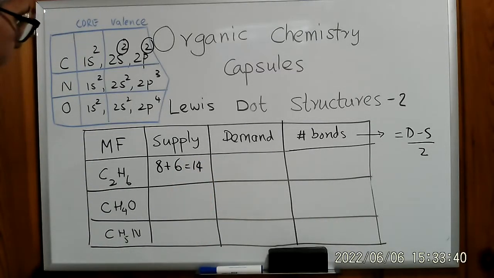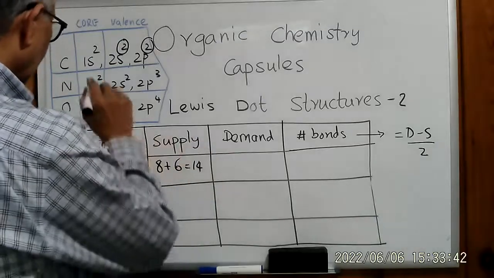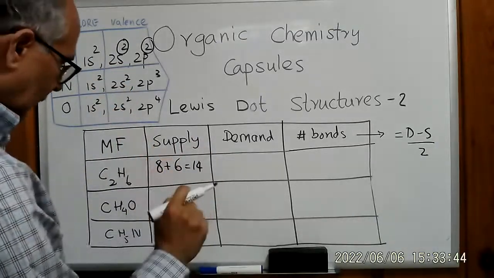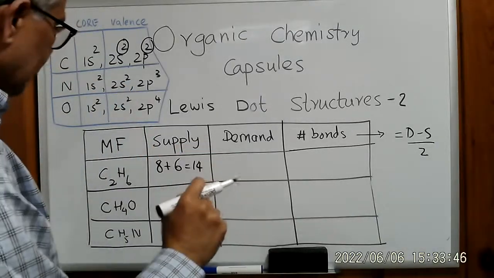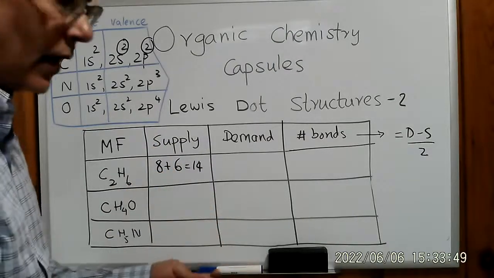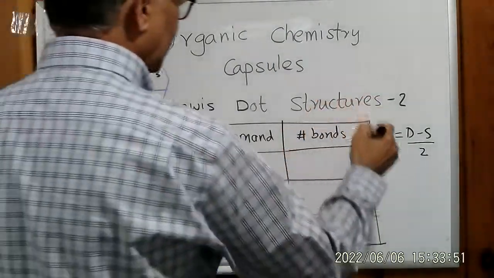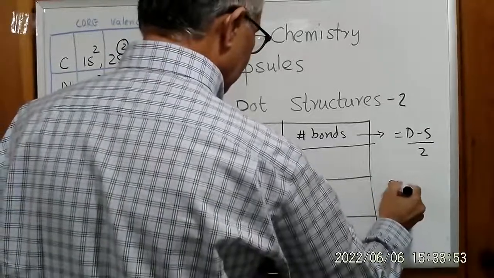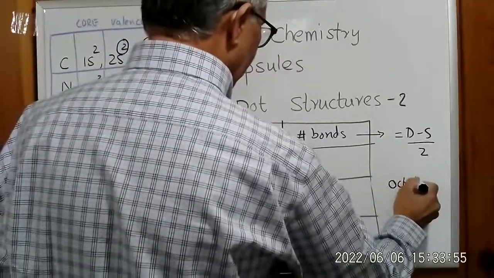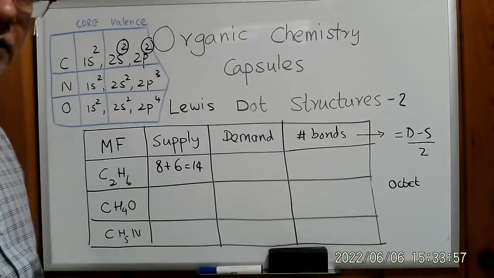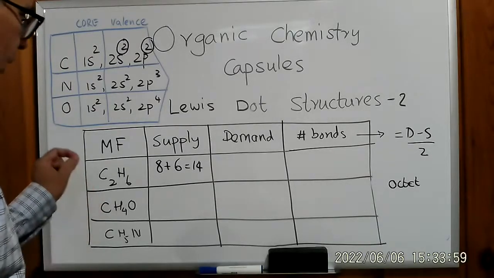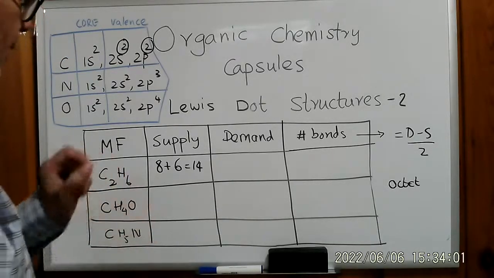Now the demand. Remember, these atoms, carbon, nitrogen, oxygen, fluorine and boron, demand an octet, a set of 8 electrons, that's the octet rule. So each carbon atom demands 8 electrons.